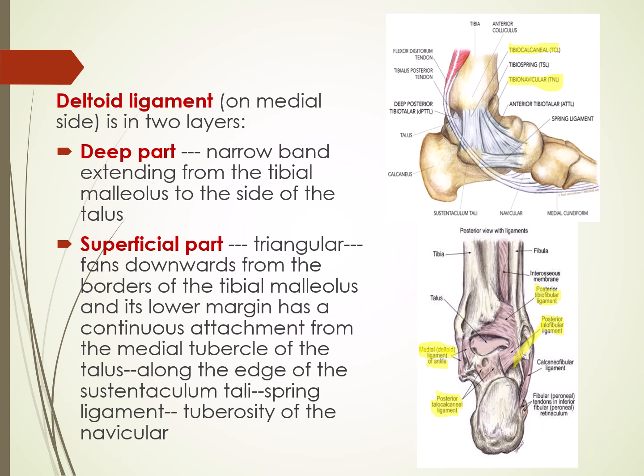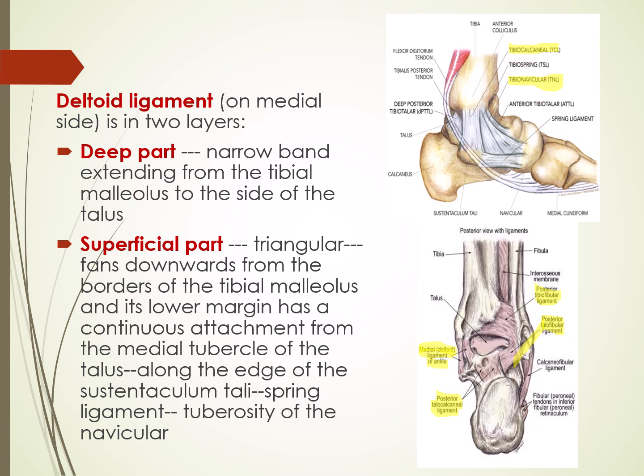For example, the part of the deltoid ligament attaching to the navicular is known as the tibionavicular ligament. This is the tibionavicular part of the deltoid ligament, extending from the malleolus to the navicular bone. The part of the ligament which is attached to the calcaneum is known as the tibiocalcaneal ligament, this one from the tibia to the calcaneum.